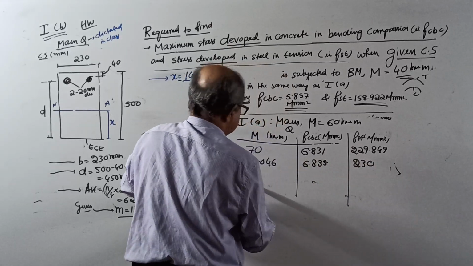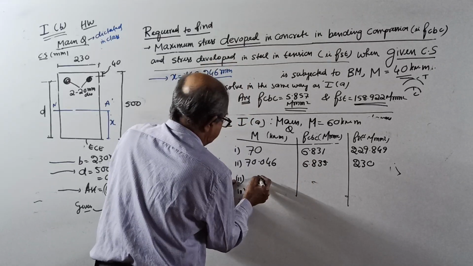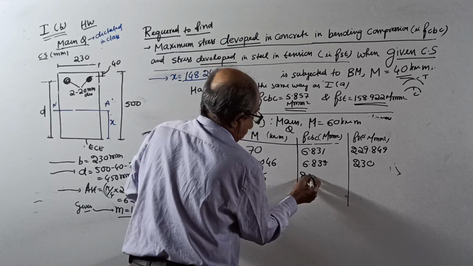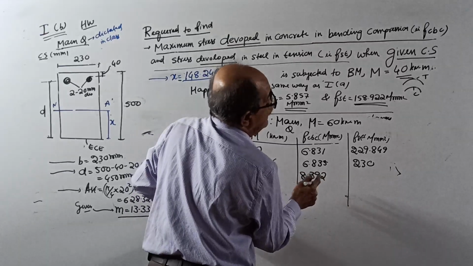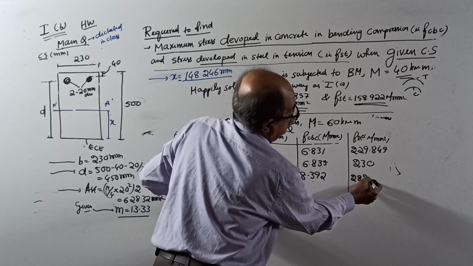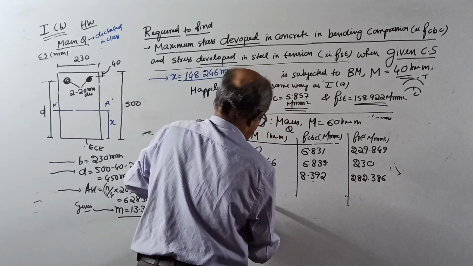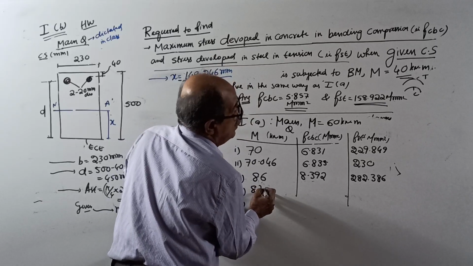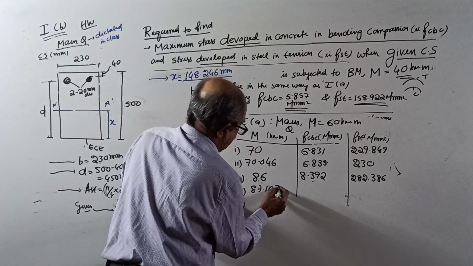Third extra is 86 bending moment. For 86, 8.392 and 282.386. Fourth extra is 87.107.